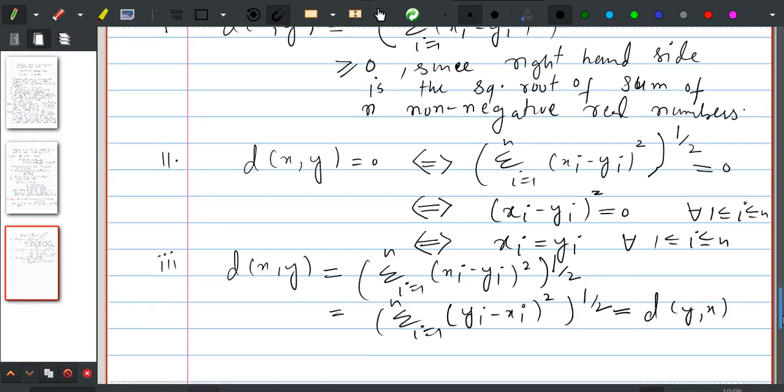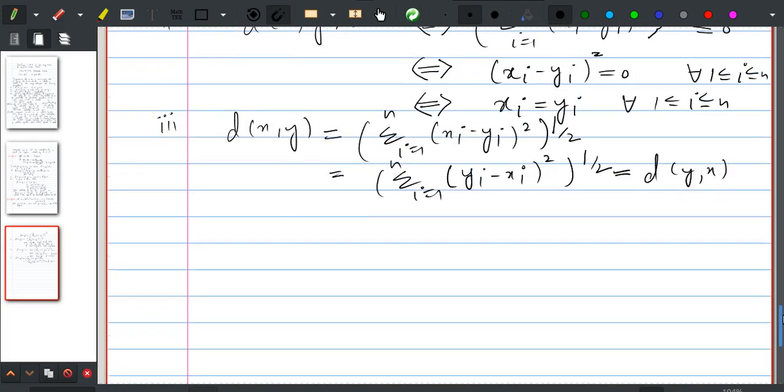Now it remains to prove the final property, i.e. the triangle inequality.